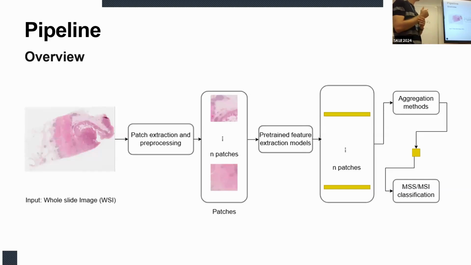And after that, we use several aggregation techniques, which combine all the information from patches into a single representation, a single feature vector that represents the entire slide, which is then used for further classification of MSI.